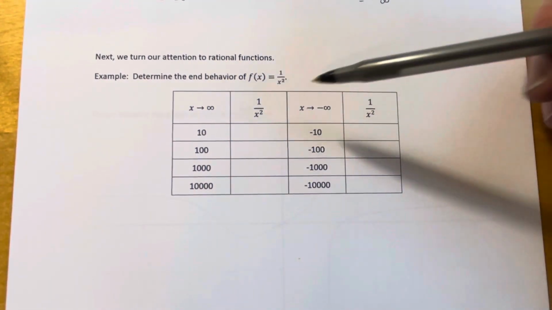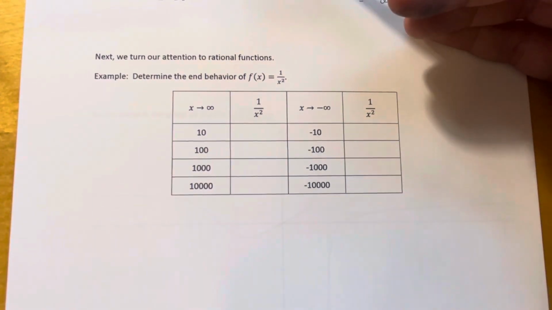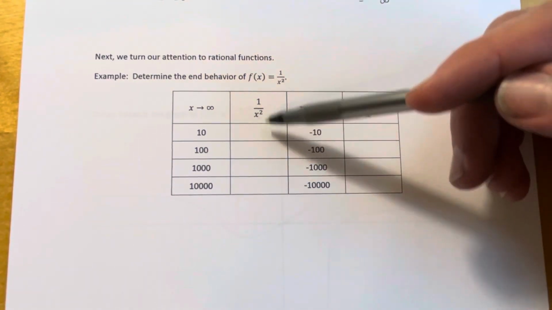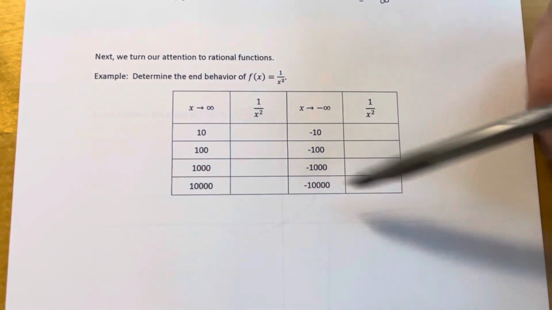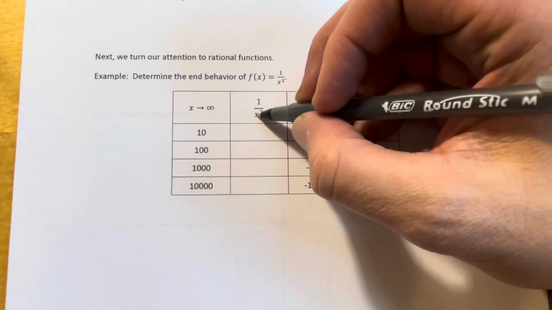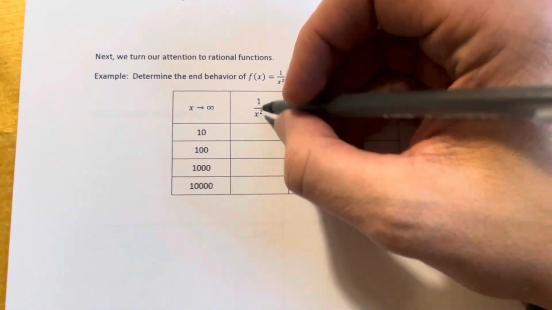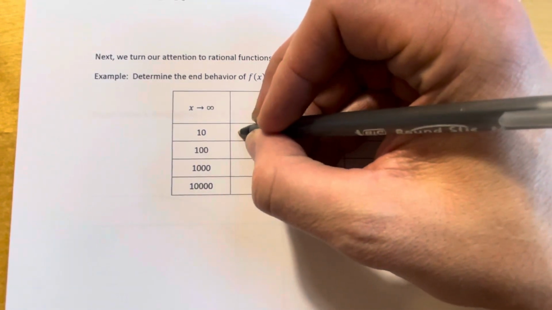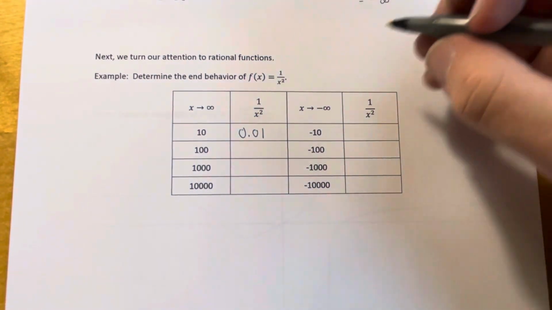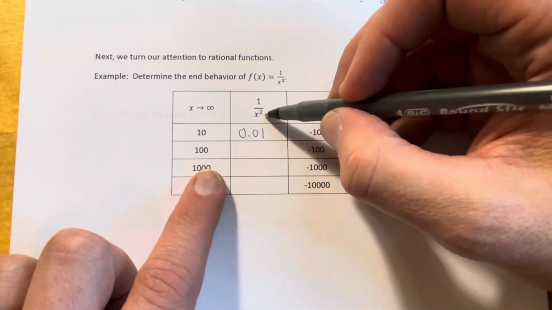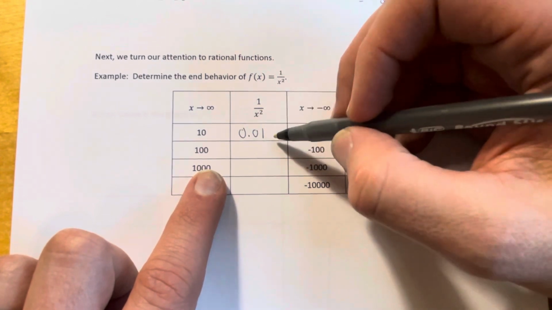So I have this table here, which I'm going to use to take a numerical approach and see what happens as x gets really, really big or really, really small. If I plug in 10 here, 10 squared is 100, so I get 1/100th, which as a decimal is 0.01. If I plug in 100 here, I would end up with 1 over 10,000.